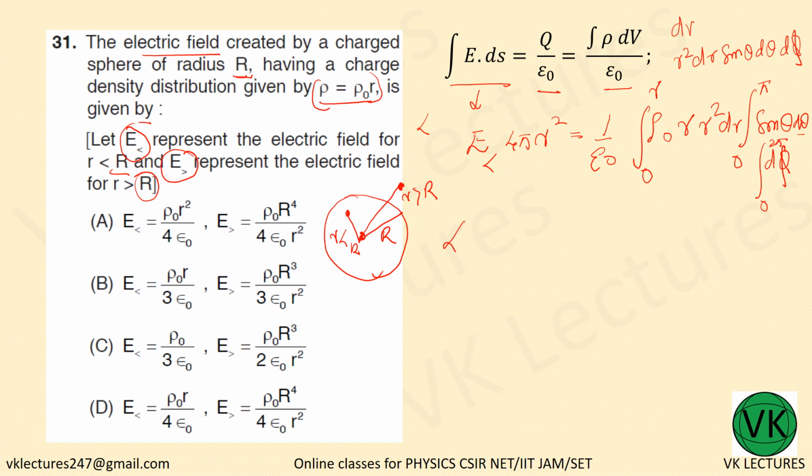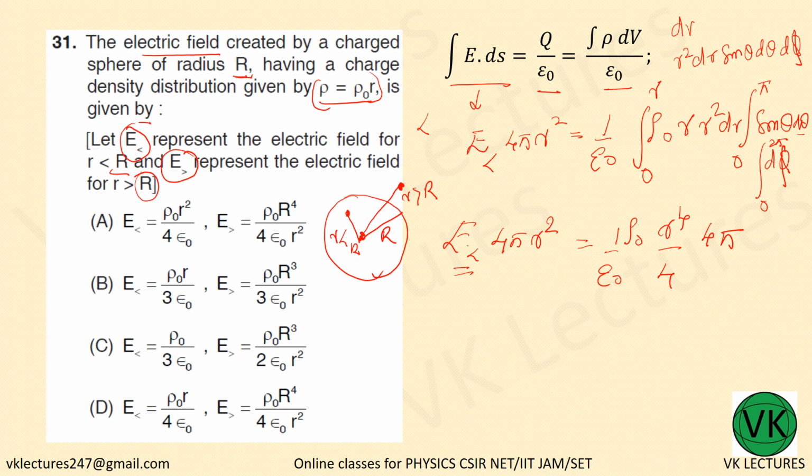So E less into 4 pi small r squared is equal to 1 by epsilon naught times rho naught, r into r squared, that is r cubed dr, which gives r power 4 divided by 4, into sin theta d theta integral from 0 to pi, that is 2, into 2 pi, that means 4 pi.